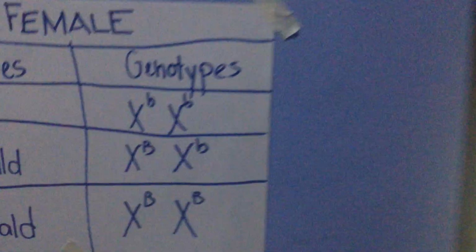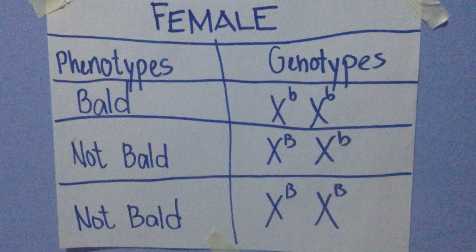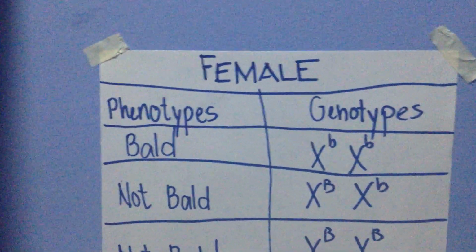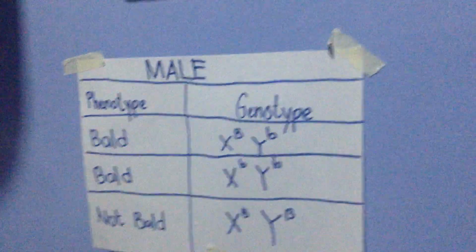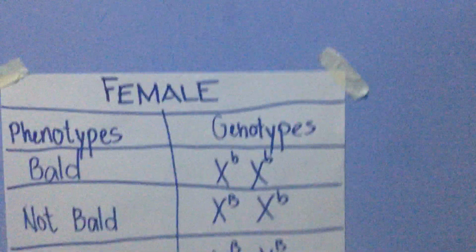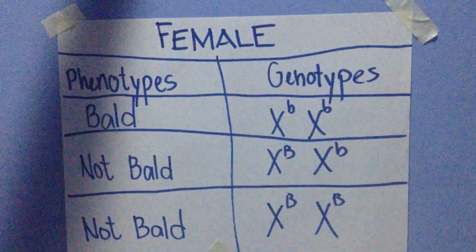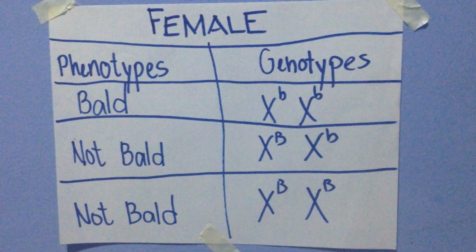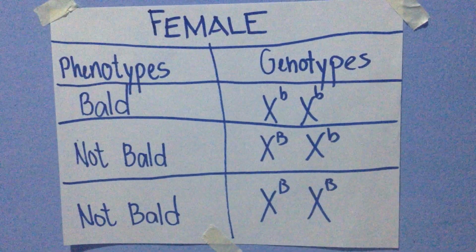So we have this table of female and male. These are genetic tables for baldness in male and female humans. Now, if you're a female and you have a genotype of X small b and X small b, you would be bald.